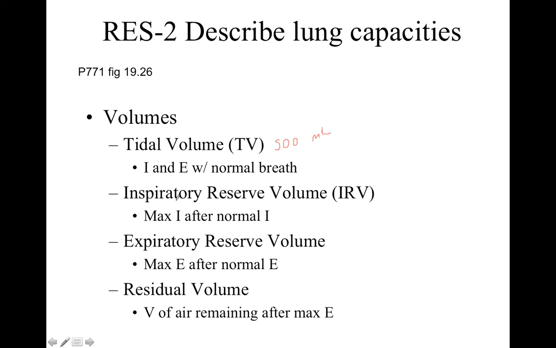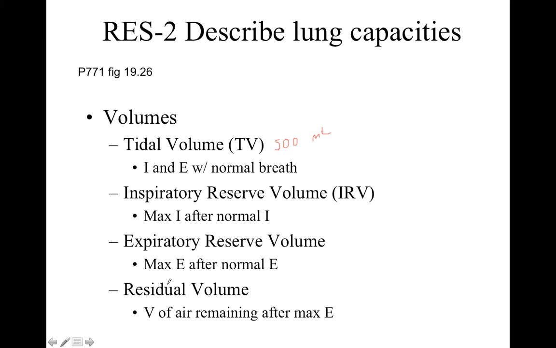Your inspiratory reserve volume is a maximum inhalation after a normal inhalation. So you get a normal tidal volume inhalation, and the inspiratory reserve volume is how much more air you can force into the lungs. Expiratory reserve volume is how much air you can breathe out after your normal exhalation, how much air you're going to force out of the lungs.